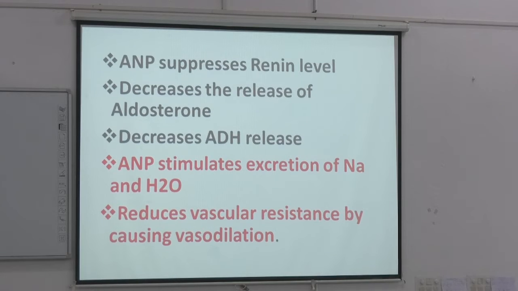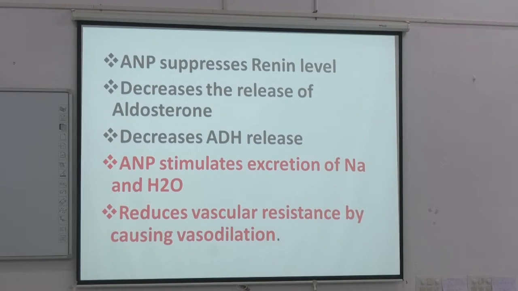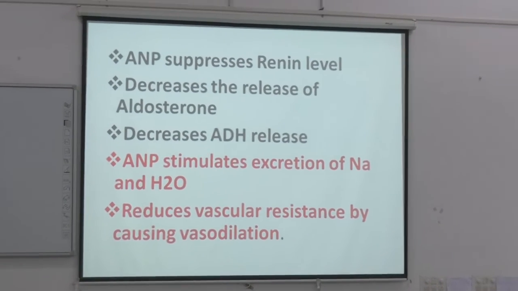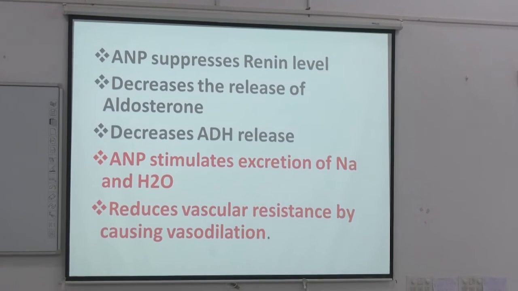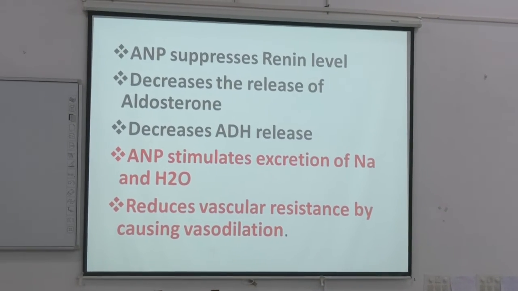The first one is vasoconstriction, the second one is vasodilation. Vasoconstriction is mainly caused by aldosterone, that is a steroid hormone, and vasodilation is caused by ANF, atrial natriuretic peptide factor. Okay, so both are opposing each other. Functionally they are antagonists. Okay.